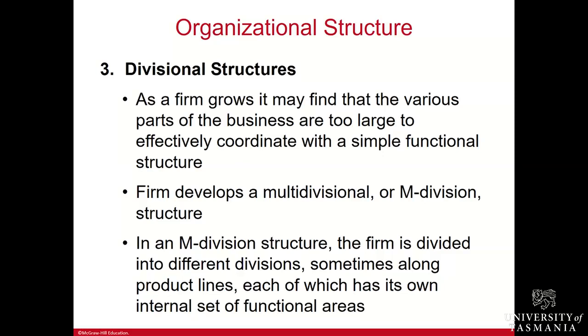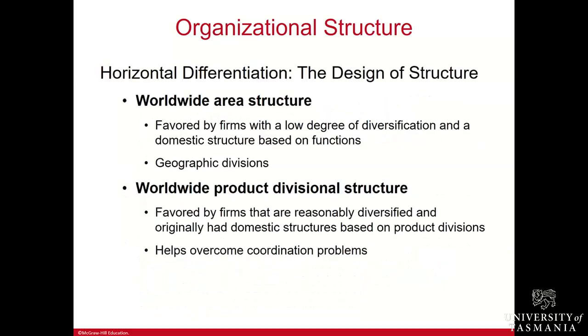Then you can have divisional structures at this stage, because the M division can cover the needs of international business by having a different business unit for each product line or for each geographical region. I will explain what we are saying.